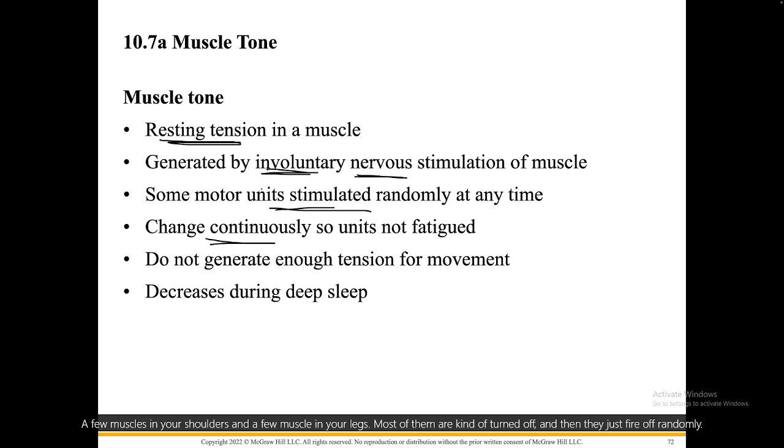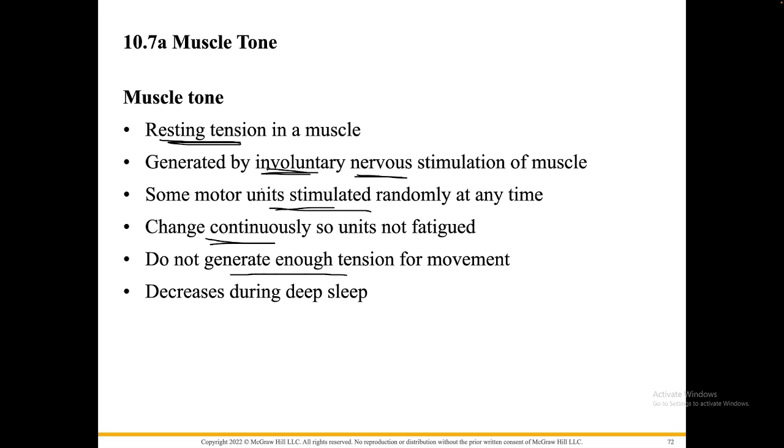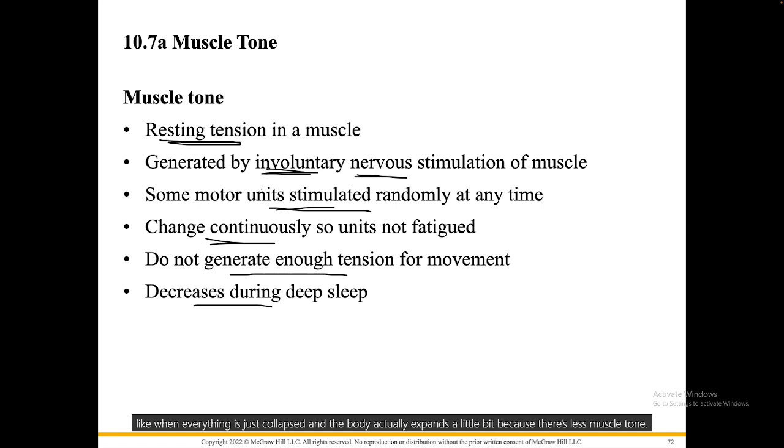And then they just fire off randomly. A couple of different neck muscle cells are used at 8:05, and then different neck muscle cells are used at 8:07, right? They're just so that nothing gets fatigued. We're not really creating enough tension for movement, just to hold your body in place. And when you're really in a deep sleep, like when everything is just collapsed, the body actually expands a little bit because there's less muscle tone.